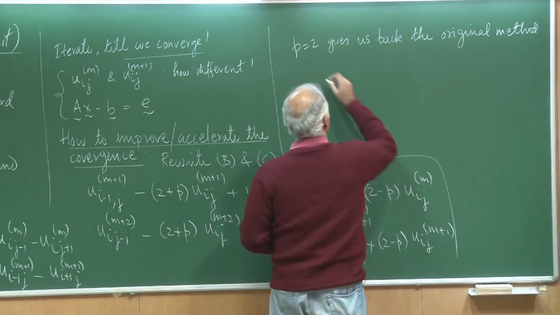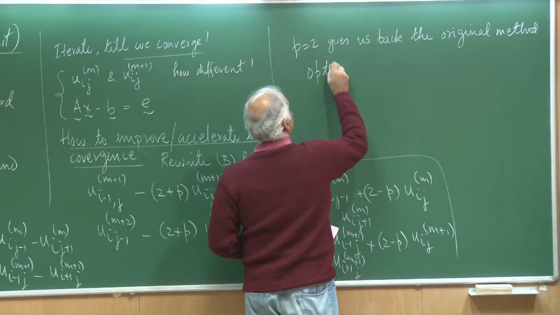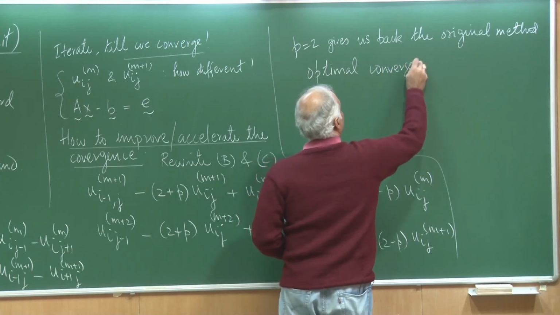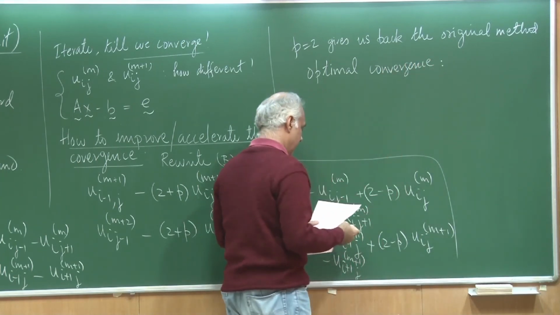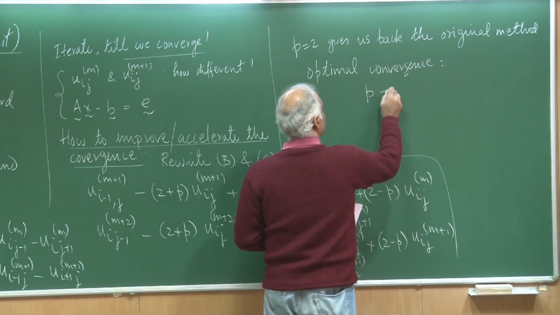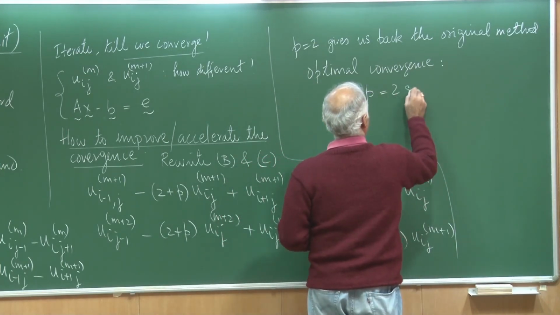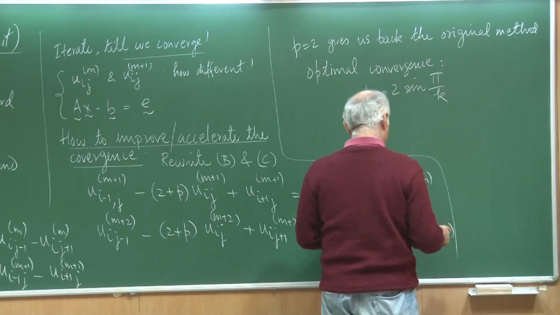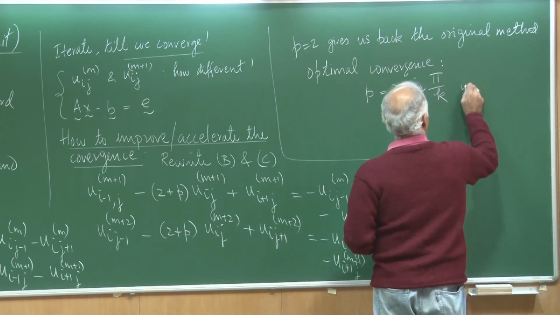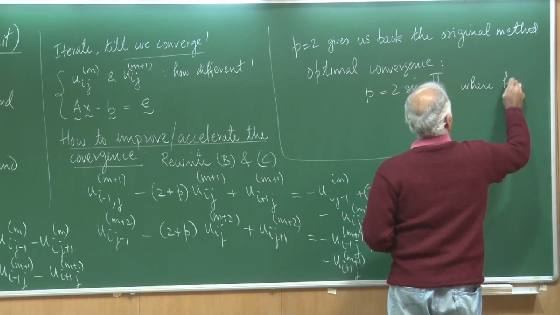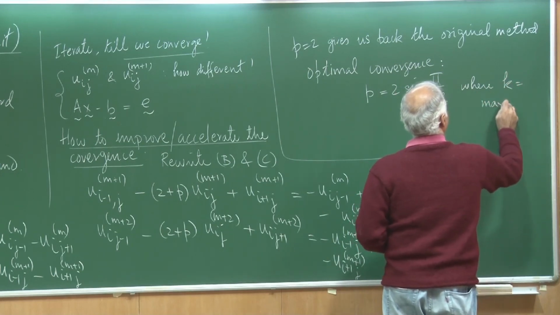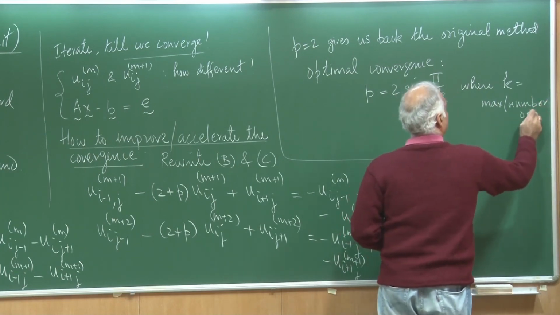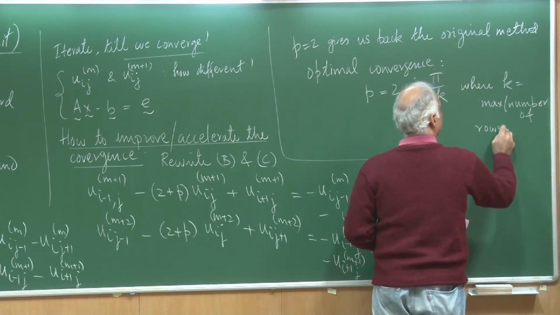But if I want optimal convergence, then I can use the value of p to be 2 times sine pi by k, where k is the maximum of the number of rows or columns.